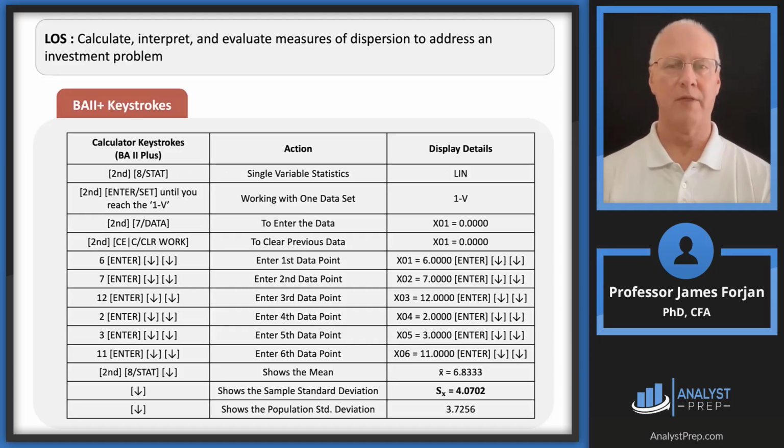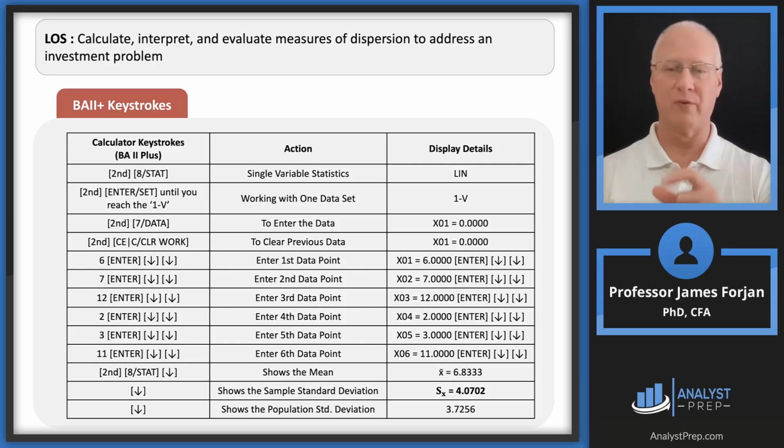For those of you who have the Texas Instruments, we thought it'd be a good idea to put the keystrokes on a slide for you. So notice those first 2 there. I don't really ever worry about those. I'm not quite sure that you need to. You can hit the second and the stat button, and it should come up LIN, which stands for linear relationship, and then the enter, and then the second and the enter.